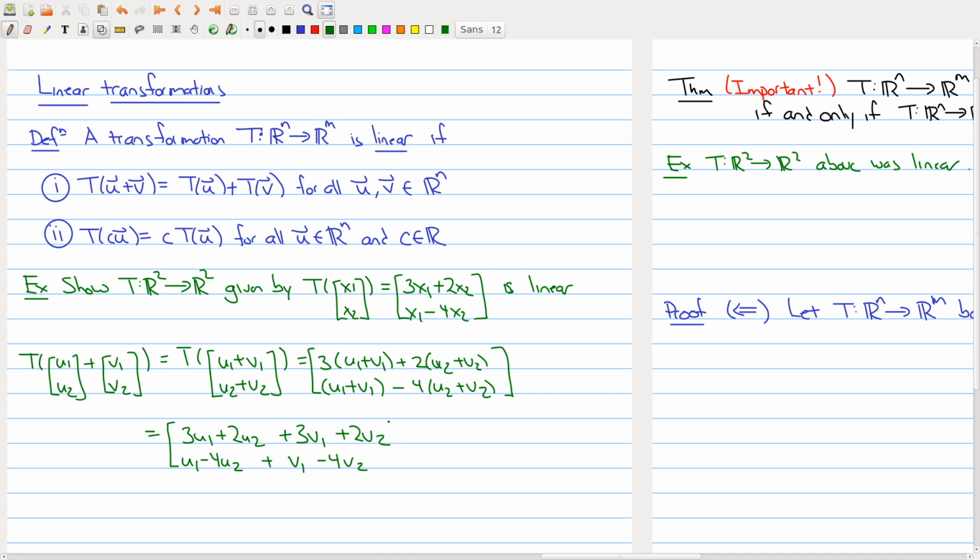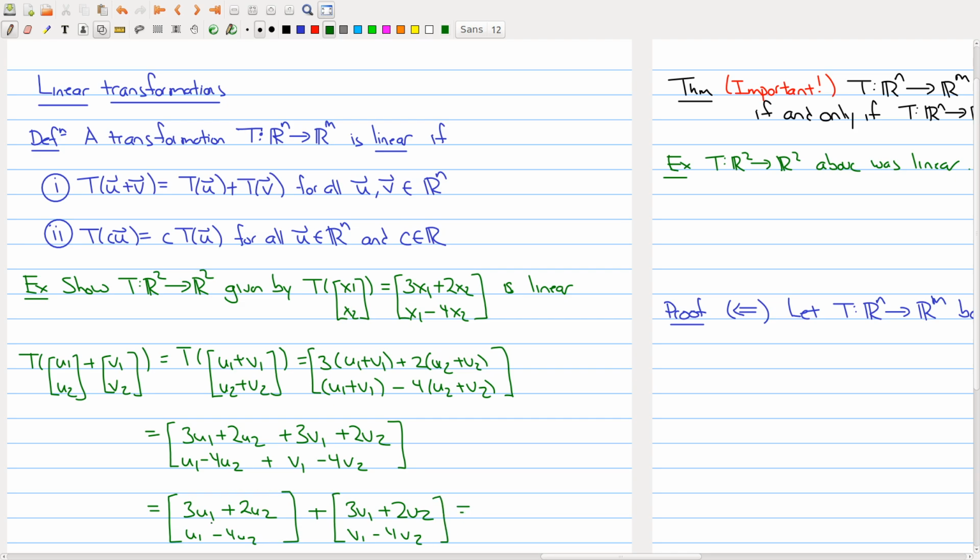Okay, and now using my properties of vector addition, you notice that I can break this vector apart into the sum of two vectors. I can rewrite this as the sum of the vector (3u1 plus 2u2, u1 minus 4u2), plus the vector (3v1 plus 2v2, v1 minus 4v2).